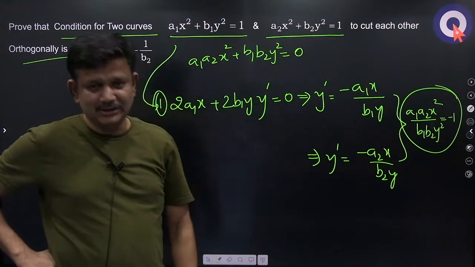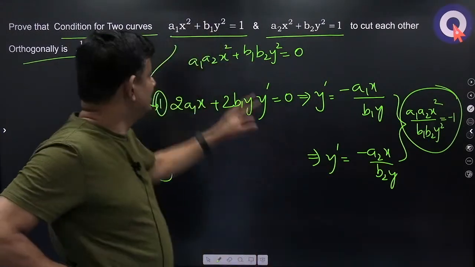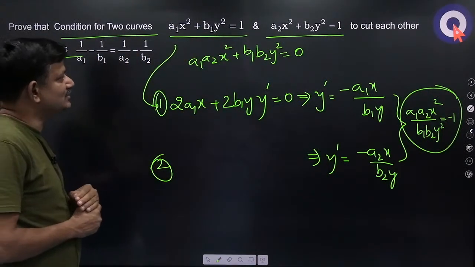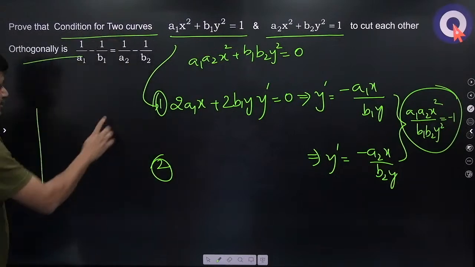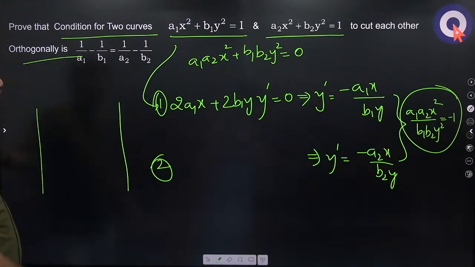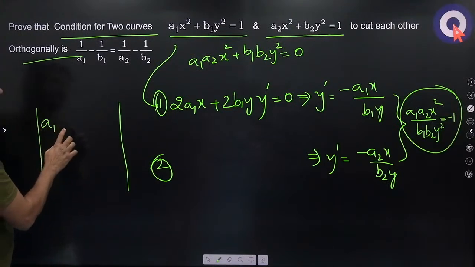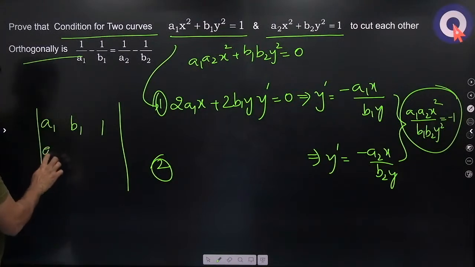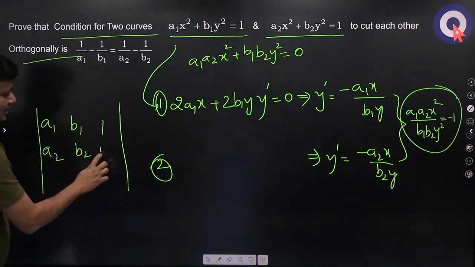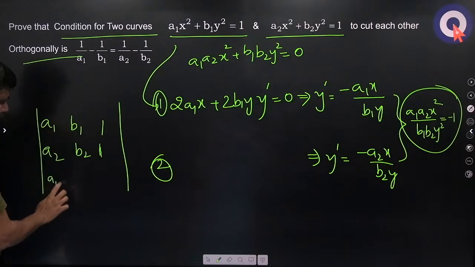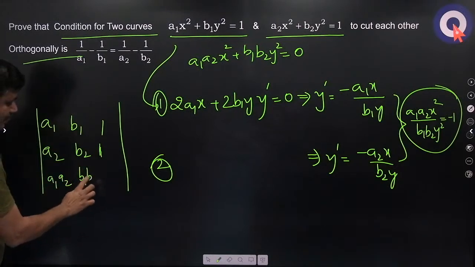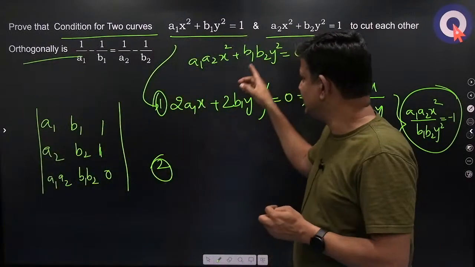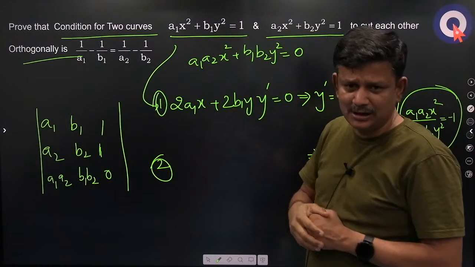So whatever point of intersection x comma y you are talking about is a solution for all the three equations. So when three linear equations have a common solution, it is possible only when the determinant of all the coefficients is 0. So if you talk about the lines a1x, b1y equal to 1, a2x, b2y equal to 1, a1 a2 x, b1 b2 y equal to 0, these three equations are satisfying the point x square comma y square.